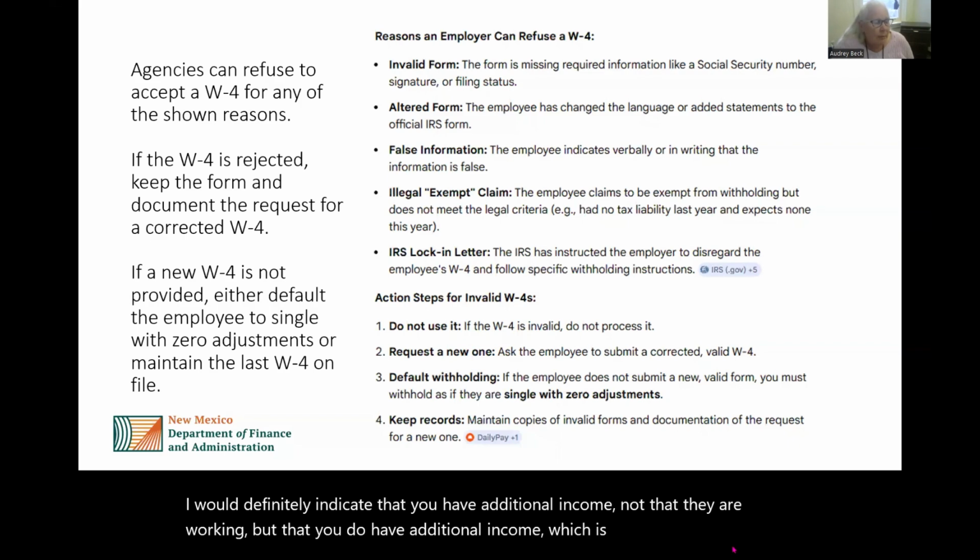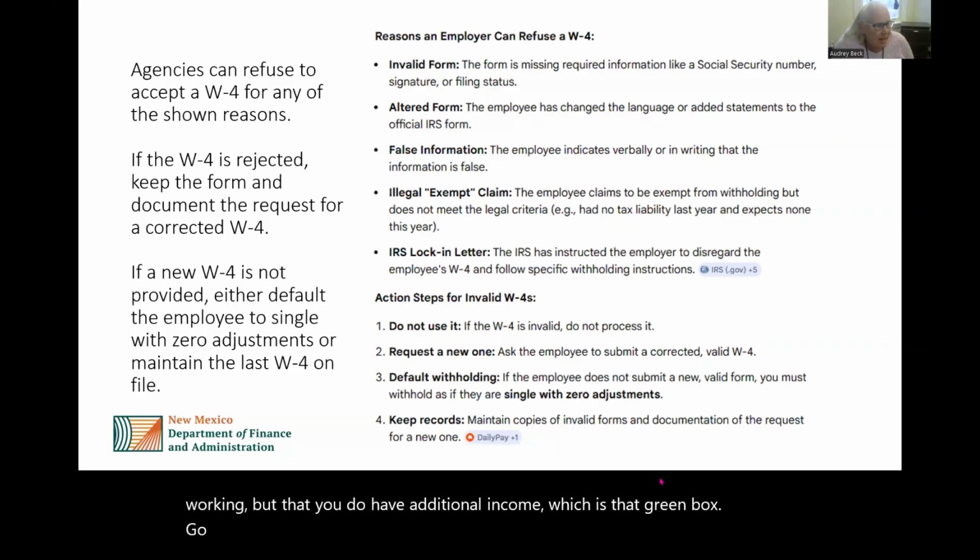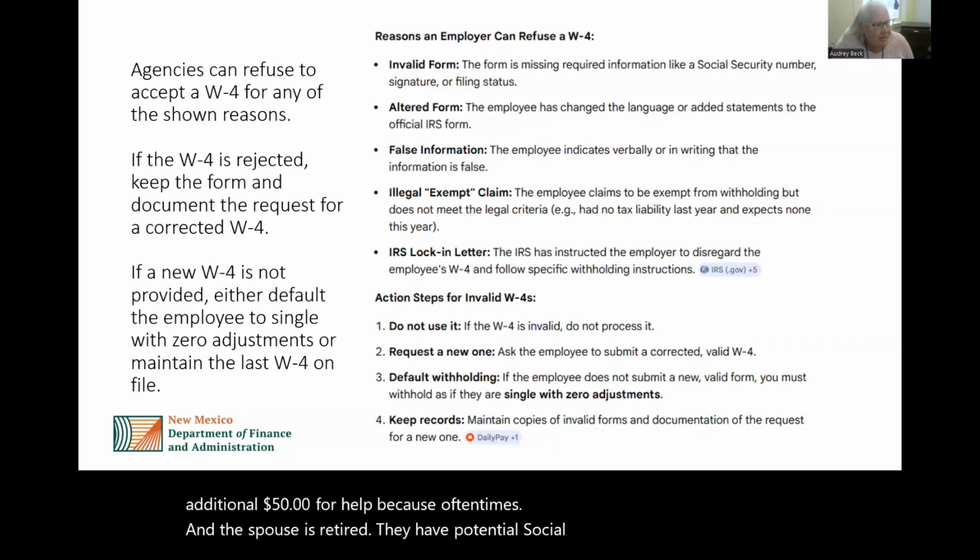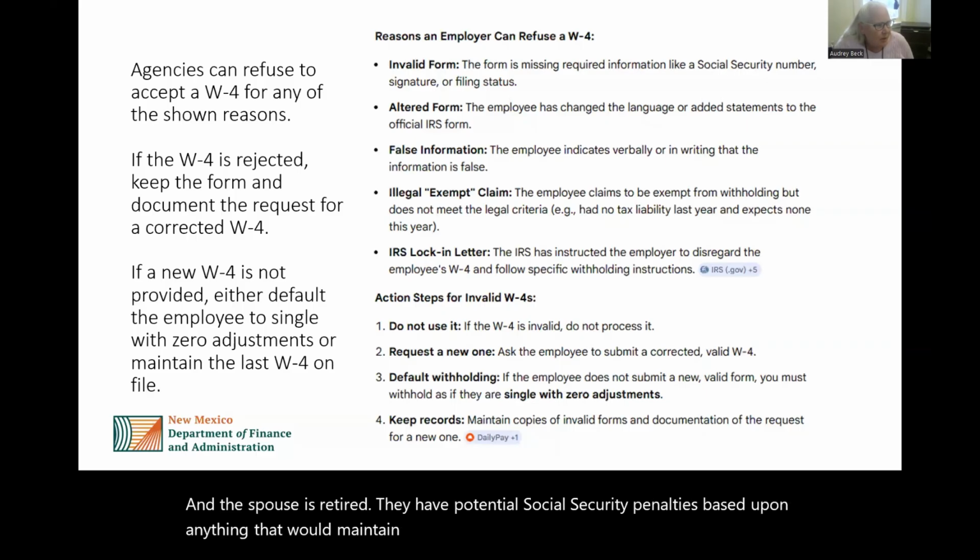Or you can go ahead and choose the red box as an option instead and say, I just want the additional $50 withheld. Because oftentimes, if a spouse is retired, they have potential Social Security penalties based upon any income that would be deemed as their earnings, and they may not be aware of it.